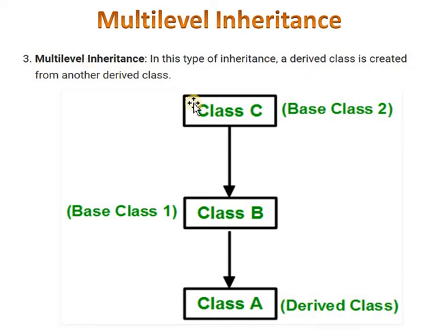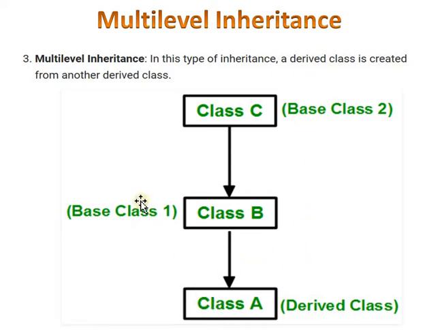That means in multi-level inheritance, a class is derived from another derived class. And this inheritance can have many levels, as long as our implementation allows. That means in multi-level inheritance, n number of levels can exist.